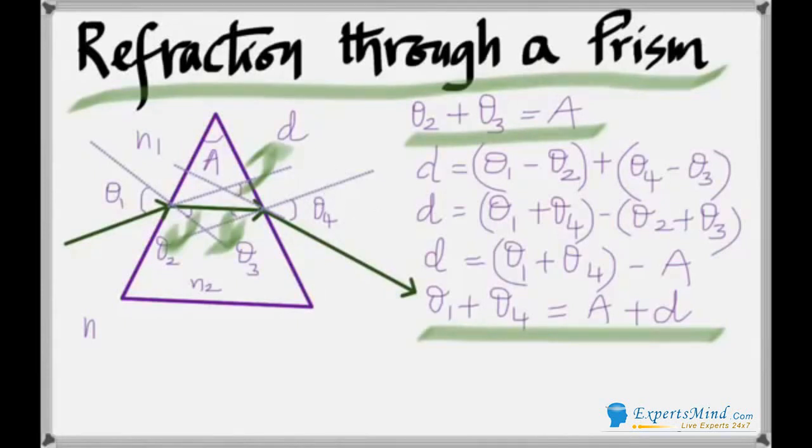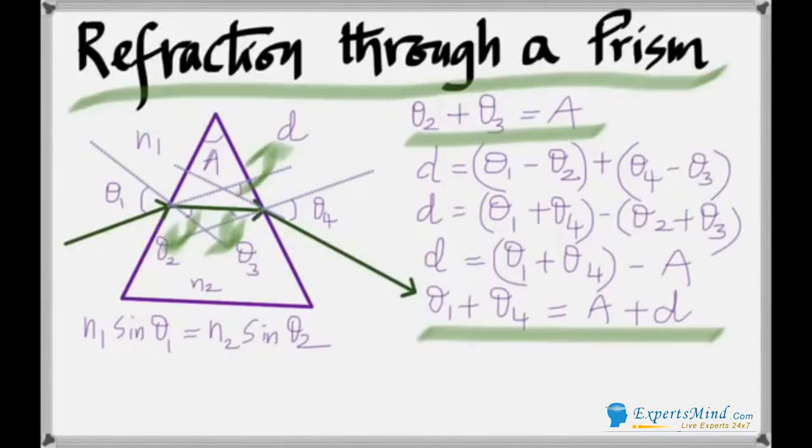Apply Snell's law here. What would you get? N1 sine theta 1 is equal to N2 sine theta 2, right? Now if you apply Snell's law at the other surface, can somebody try to say it? That's about the last thing we're doing today.